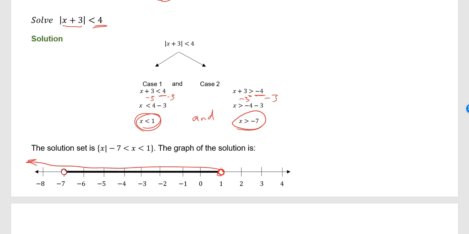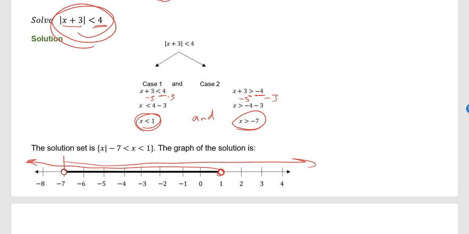Again, minus 7 is not included, but everything greater than minus 7 is included. And we go this way, right? But then the actual result of this expression is the intersection of both, right? Which is whatever is between these two circles. Okay, as you can see on the black solid line.